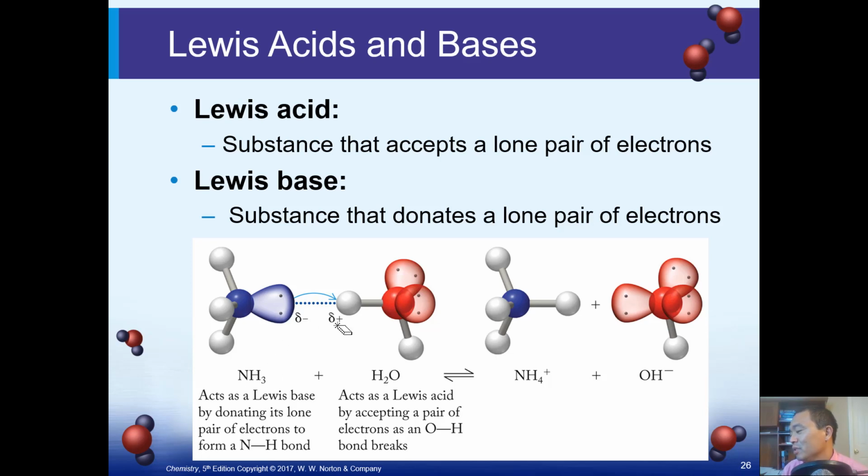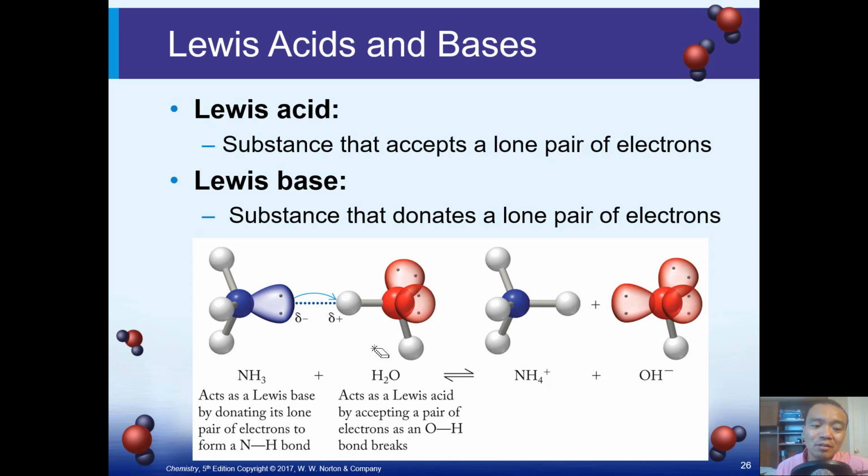When this lone pair picks up that proton, it forms a new NH bond. So in this process, one pair of electrons is being transferred from NH3 to H2O. That's what really happened in terms of electron transfer.